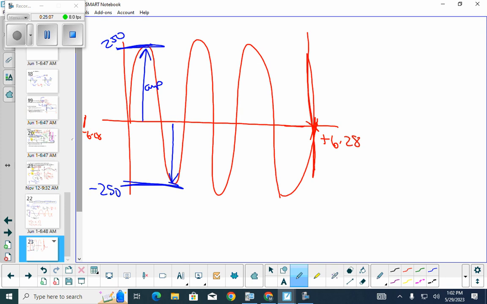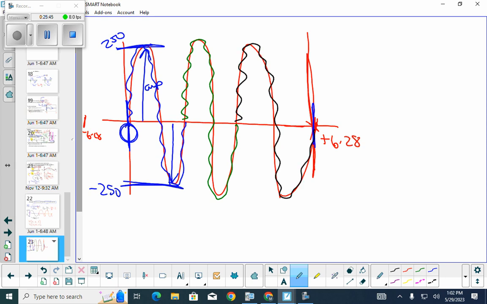Okay, so the period. Okay, here's the tricky bit. So for question number 8, just focus on this positive part of the graph. We know that the graph goes from 0 to 6.28 because it told us that in the window settings. How many cycles have been drawn within 0 to 6.28? Well, there's 1 cycle. There's 2 cycles. There are 3 cycles, right? 3 cycles have been put into 6.28.